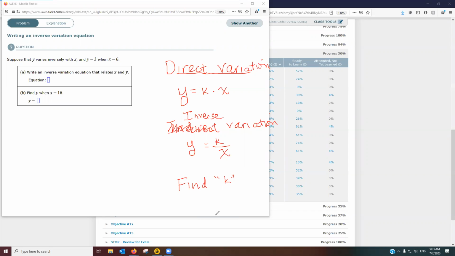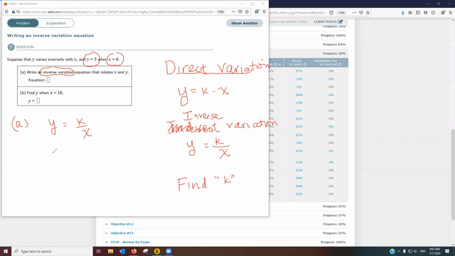Well, the way this is set up is ALEKS is going to give you enough information for you to calculate k. So I'm going to come over here. Let's do part A. As soon as I see inverse variation mentioned, I'm going to write that as y equals k over x. All right, but I want to find k. But notice they told me that y equals 3 and x equals 6.